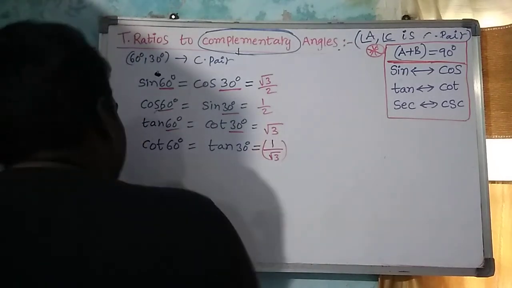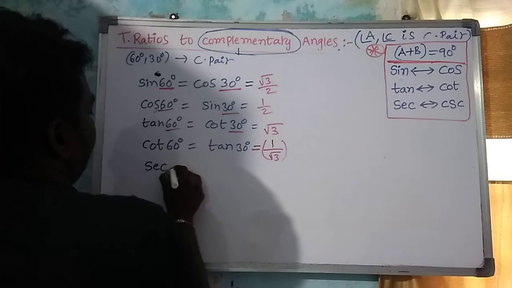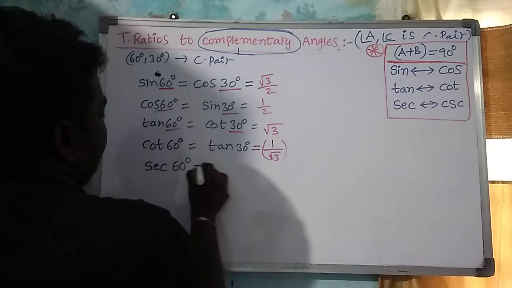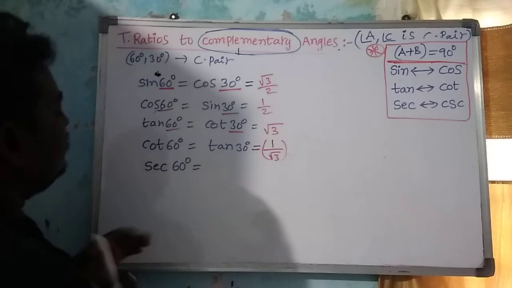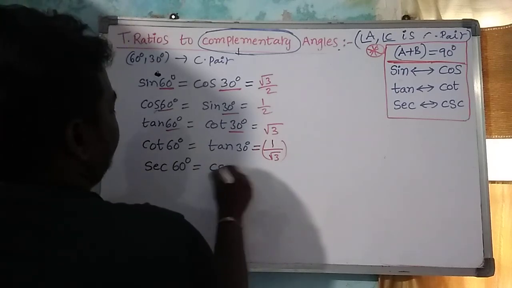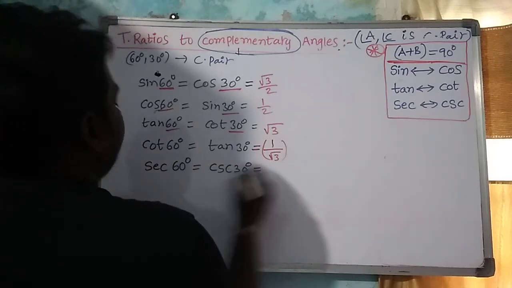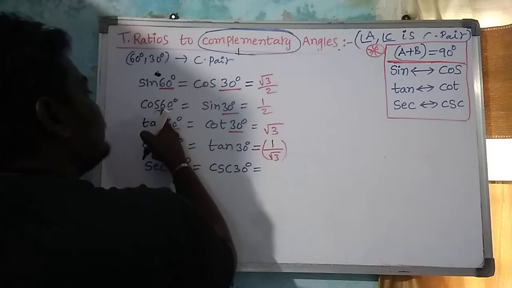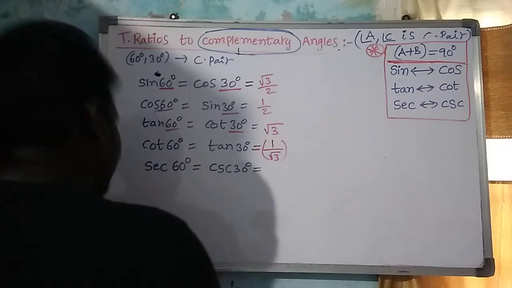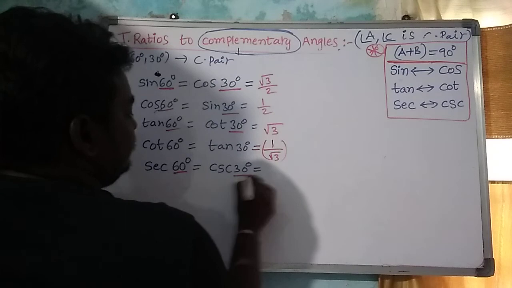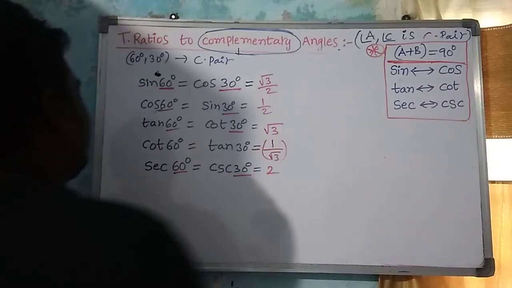Then what about this one? Secant 60. Secant 60 is a reciprocal of cos 60. I can say this is cosecant 30. Secant 60 is what? Cos 60 reciprocal. Cosecant 30 is nothing but 2. What about this one?